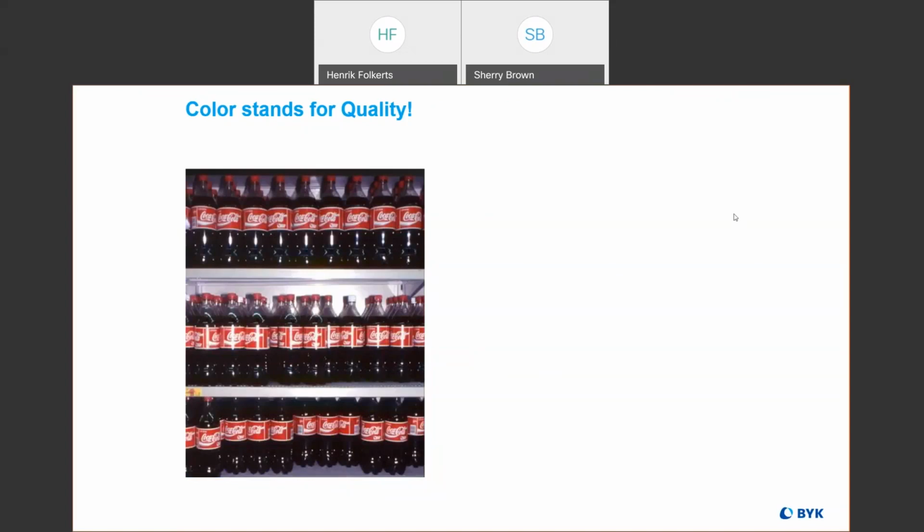Studies show that those are going to be the last bottles left on that shelf, because consumers associate consistency with quality. Nobody wants the oddball bottle with the white cap, because that one looks different, so maybe it tastes different than the other ones. So consistency is key.